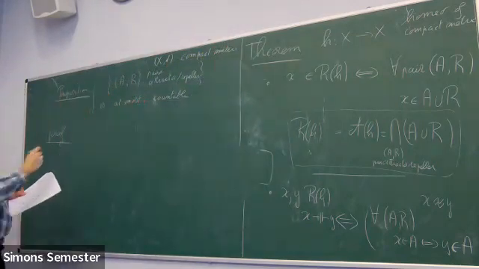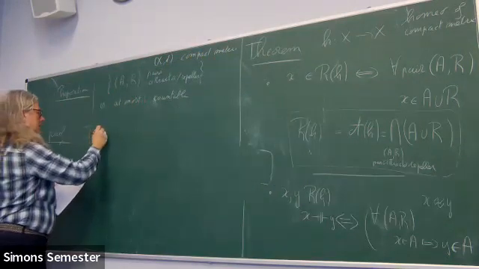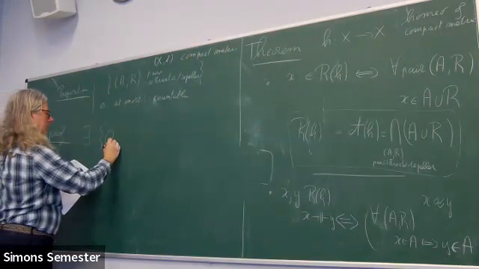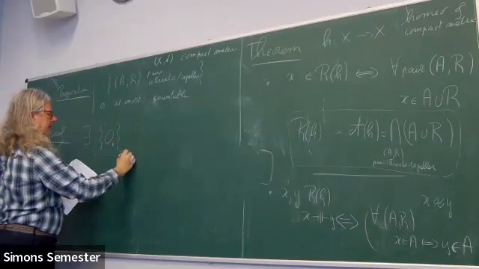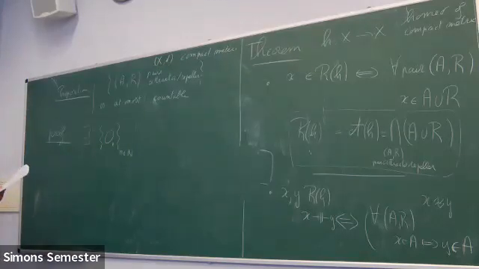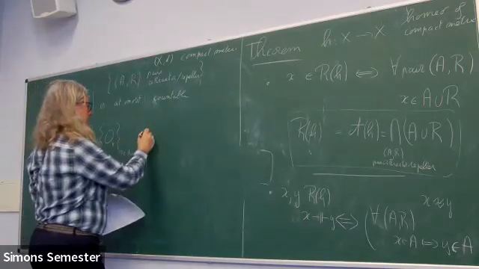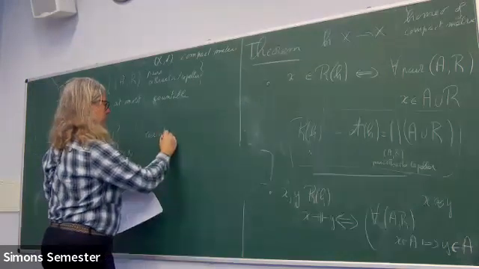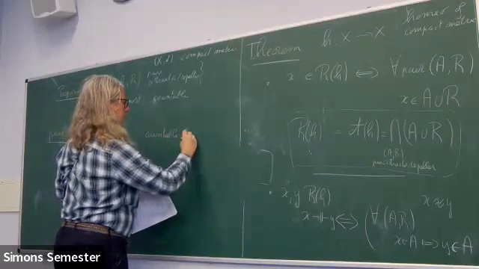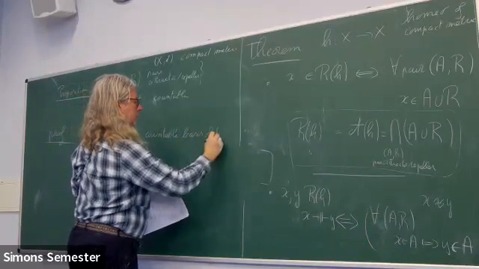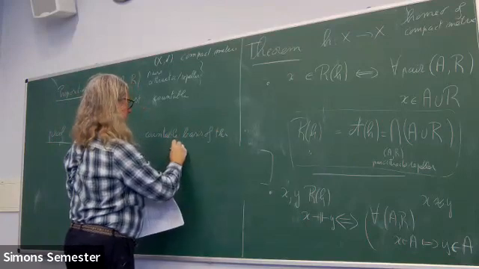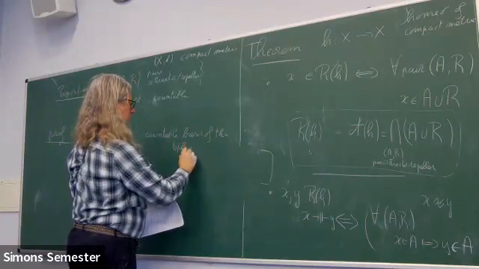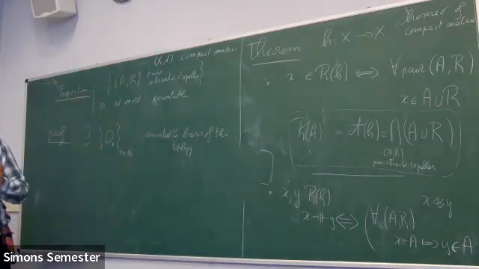So there exists O_n, n in N, a countable basis of the topology. It means that any open set is a union of open sets in that family.